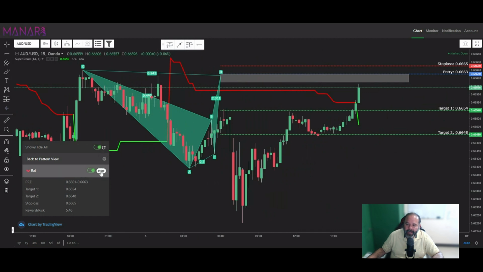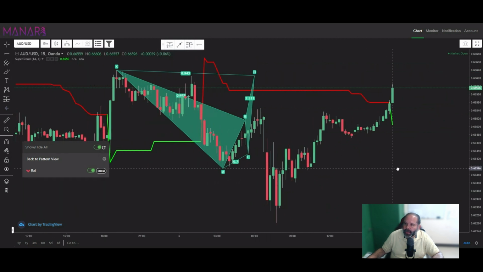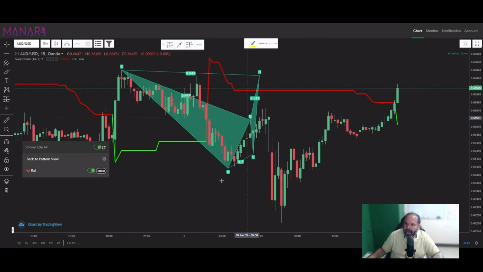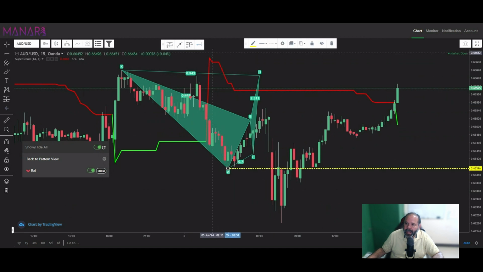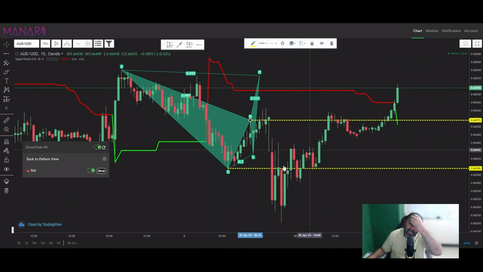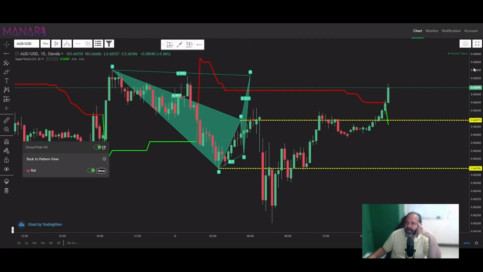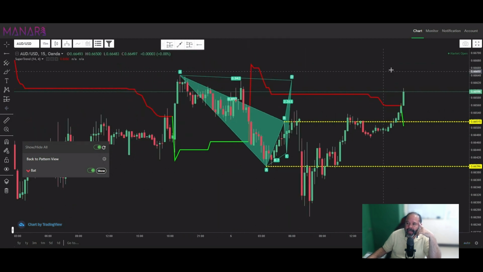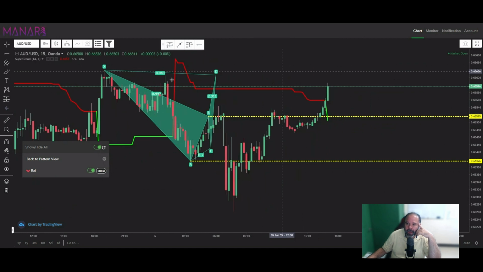So for step one, I clean the chart. Then I find point A and point B. Now I can see that point A and point B, they are both below the super trend. You see? So this triggers for me a sell.